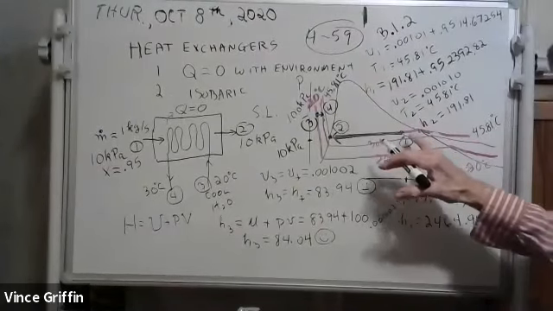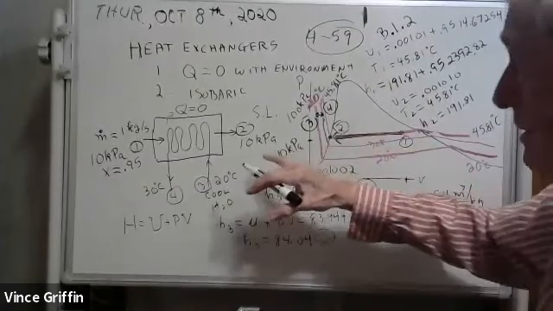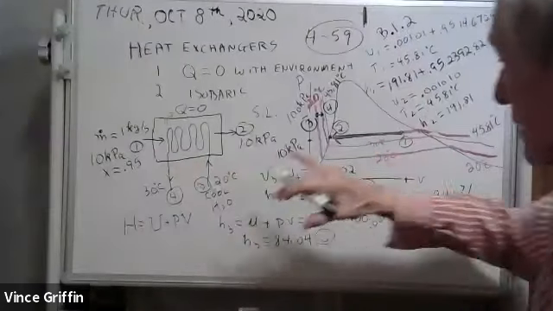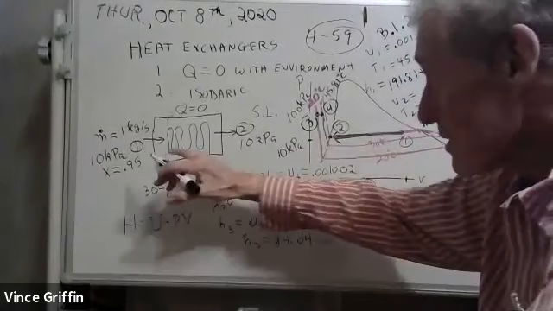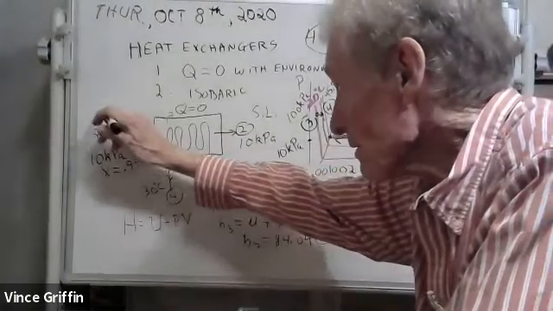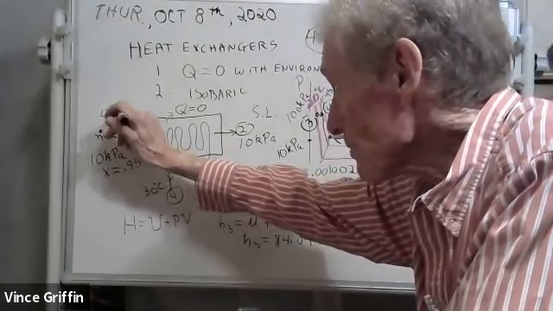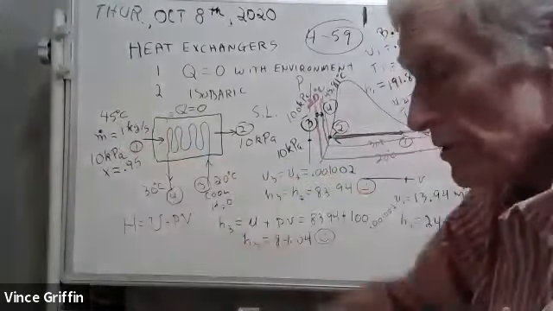But I'll tell you what's going to happen. See, the temperature coming in here is 45 degrees Celsius. That's pretty hot. If you had a body temperature of 45 degrees Celsius, you'd be dead.